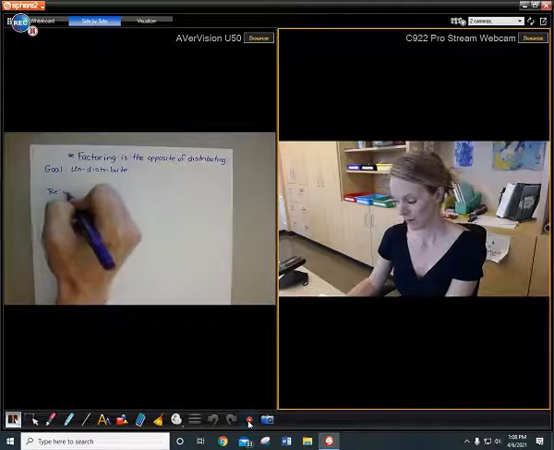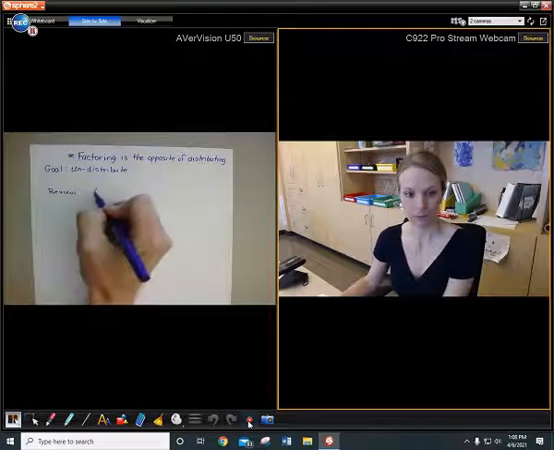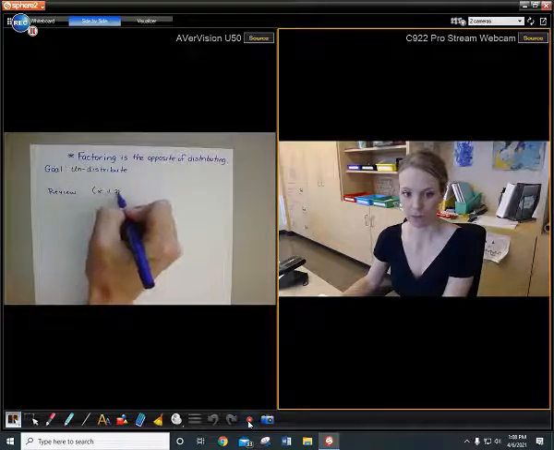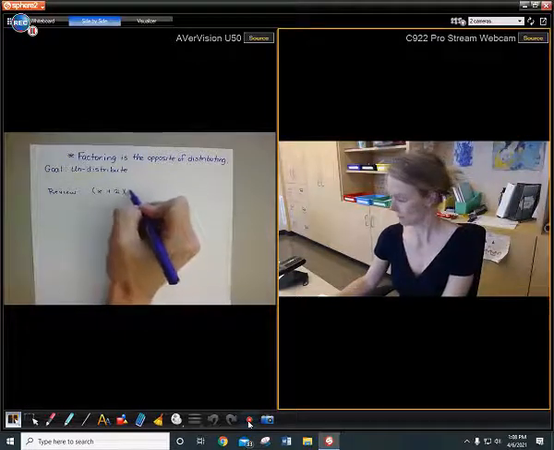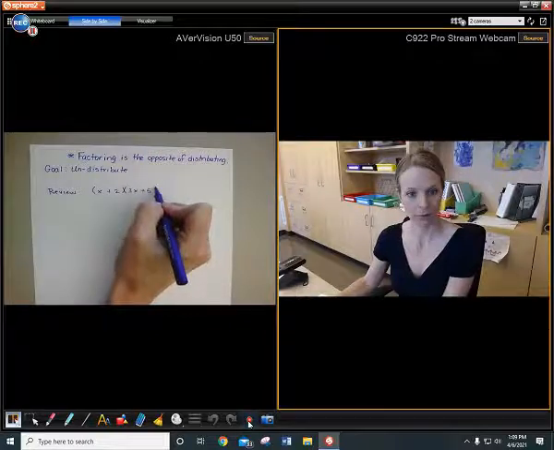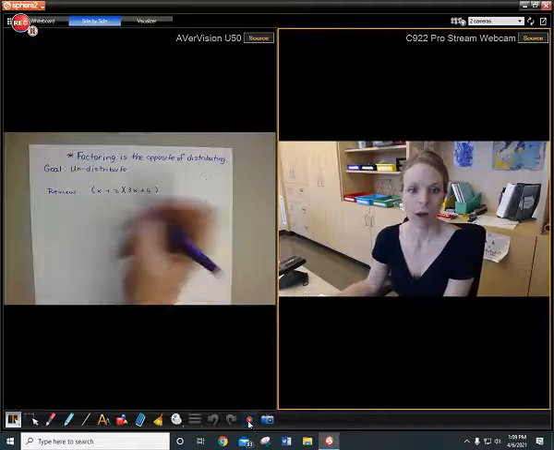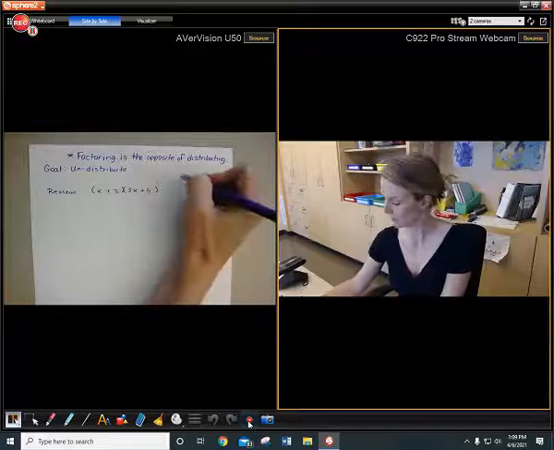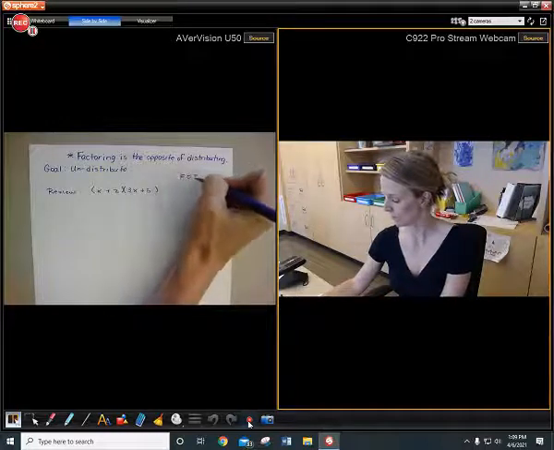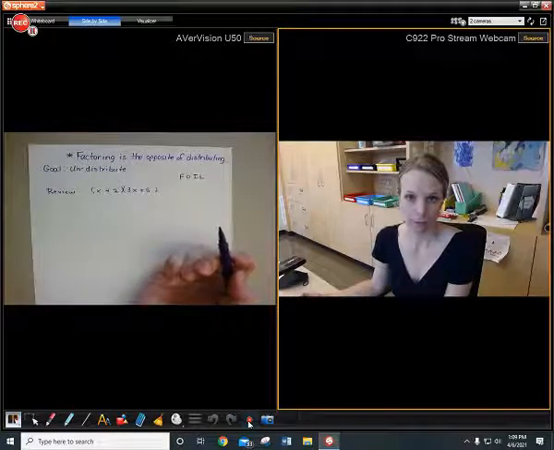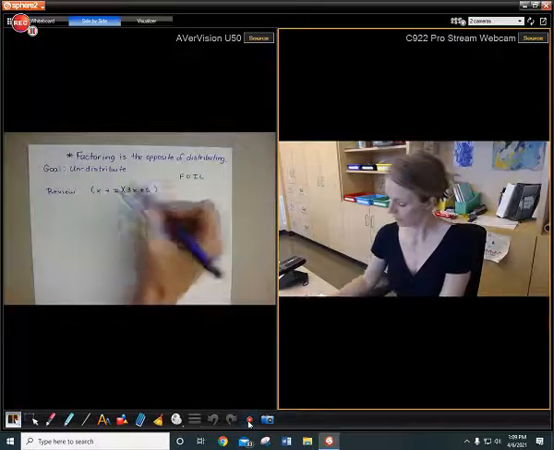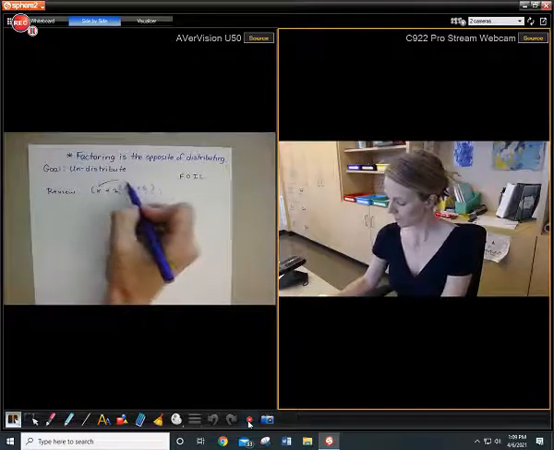So if I have, for example, x plus 2 times 3x plus 5, I would distribute, or sometimes I call this the FOIL method. Basically the FOIL method just means to distribute, but the F stands for multiplying those first terms.